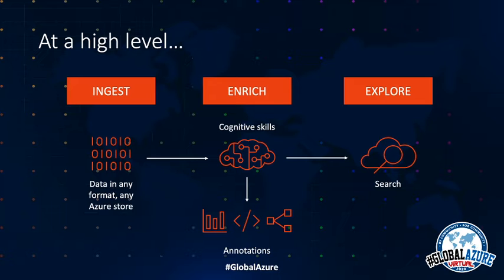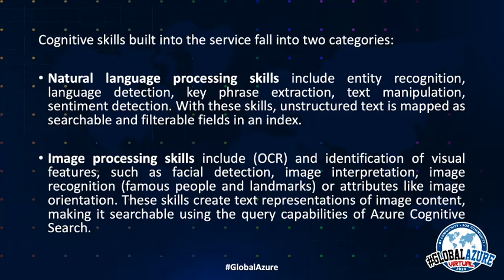You enrich it by using these cognitive skills. Some metadata, some annotations are added, let's say. And after you build this enriched data, you can perform intelligent or smart search over this new, better data, let's say.